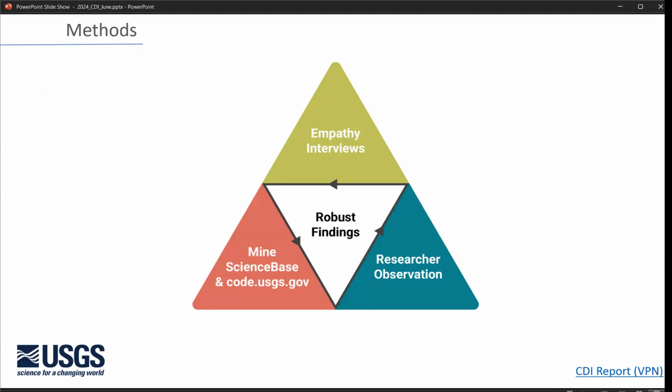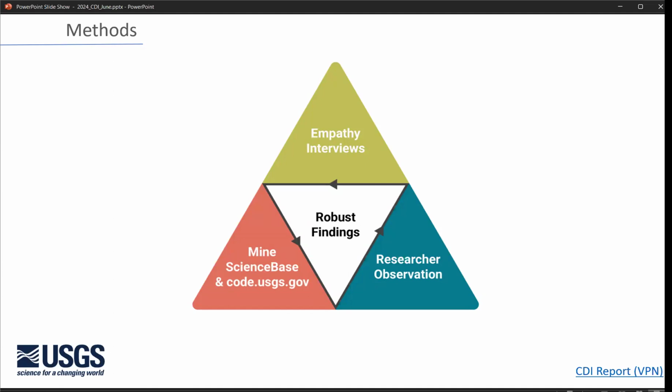We utilized empathy interviews, and the goal there was to understand people's feelings about data and software releases, and the process they go through to publish data and software. The data from those interviews were analyzed using a qualitative method of coding data. The coding is basically just tagging responses from people with particular categories that are observed in those responses.